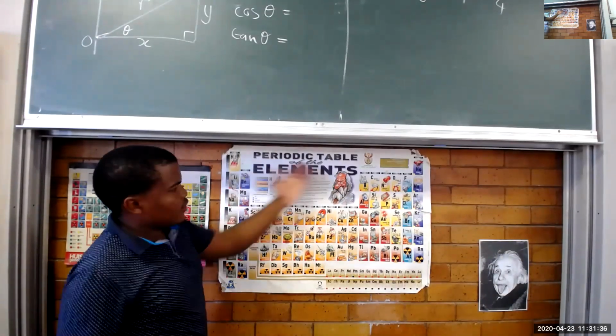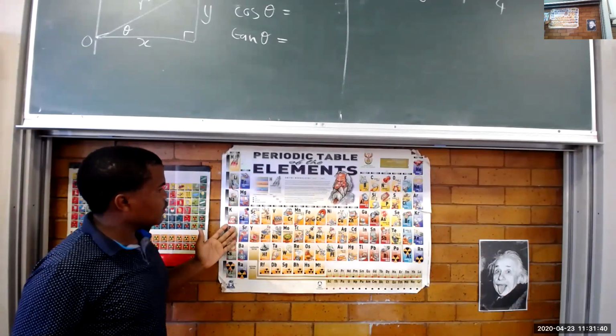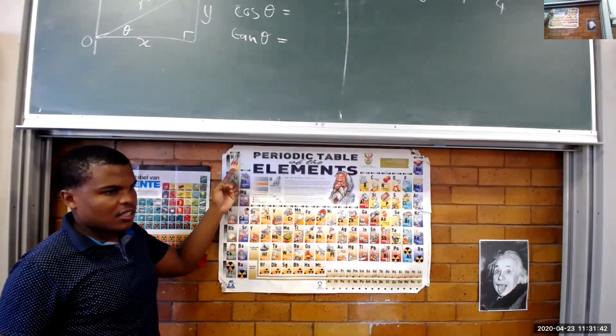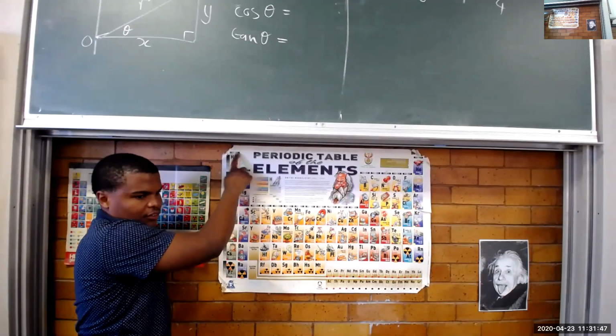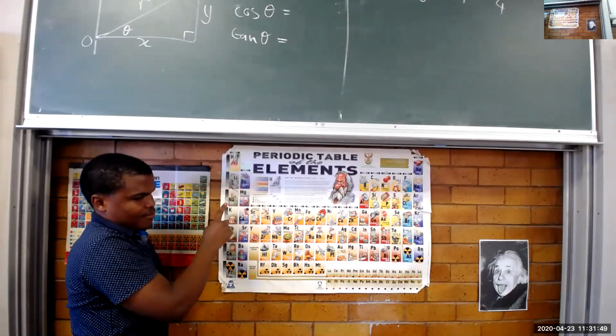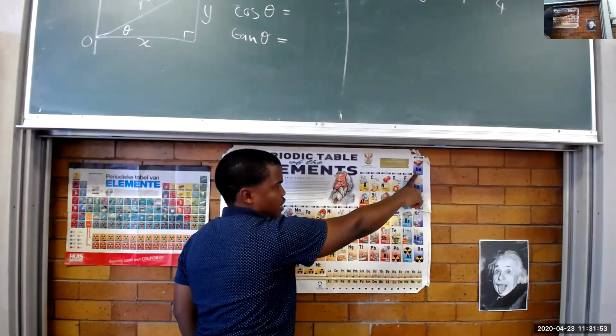When you look at all of these other elements that are found in the periodic table of elements, let's take for example hydrogen. All of the atoms of hydrogen are the same. All the atoms of helium are the same.